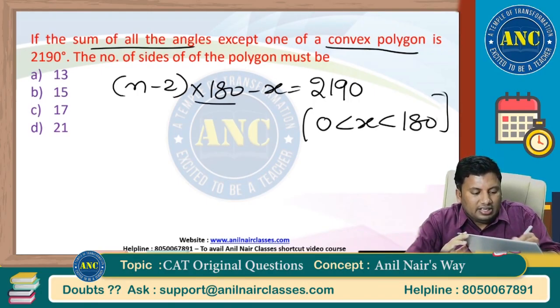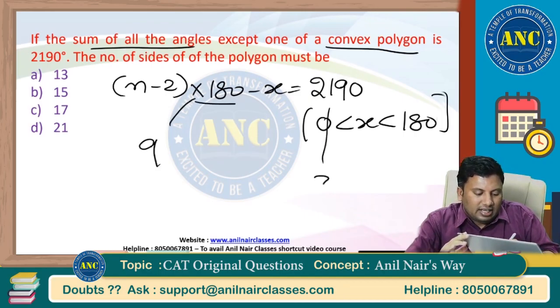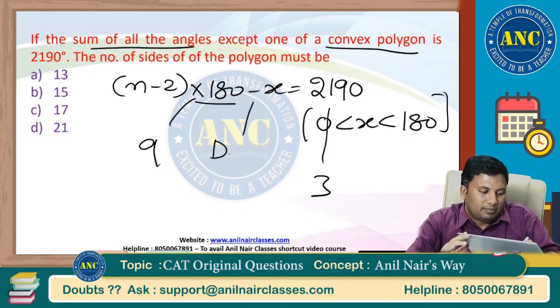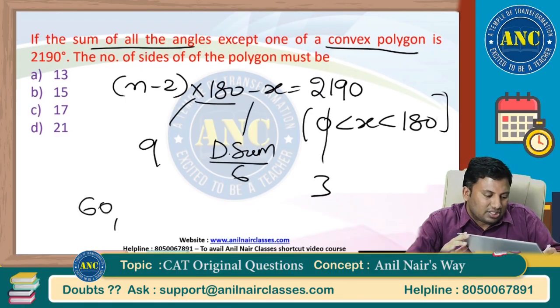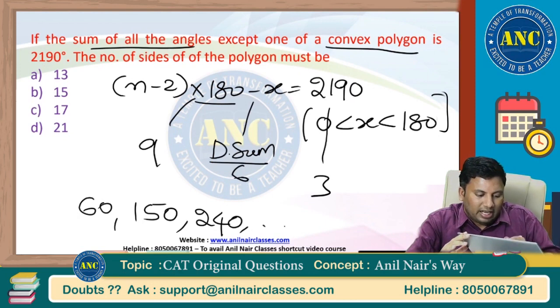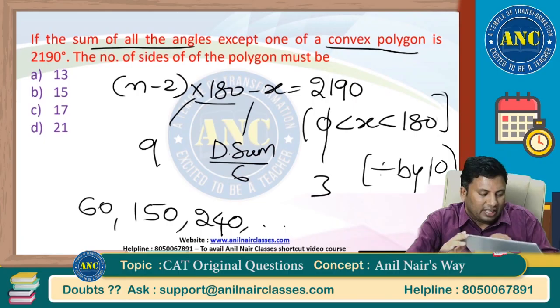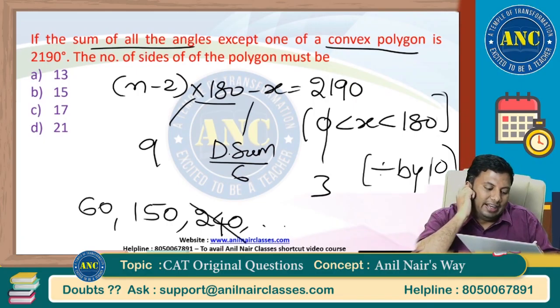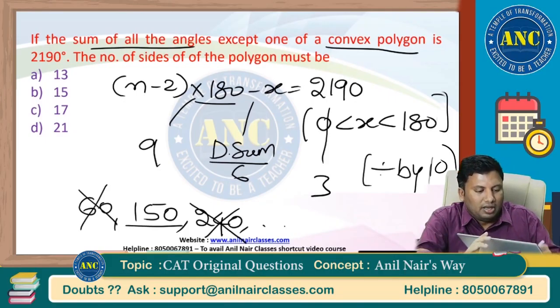Digital sum 9, digital sum 3, so digital sum of x is 6. Candidates are 60, 150, 240, and it should be divisible by 10 also. 240 is not possible, 60 is not possible.